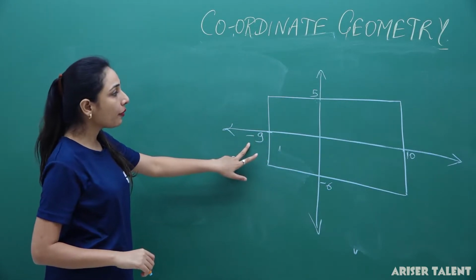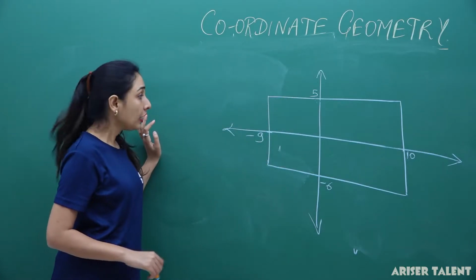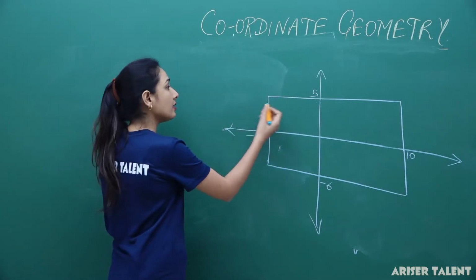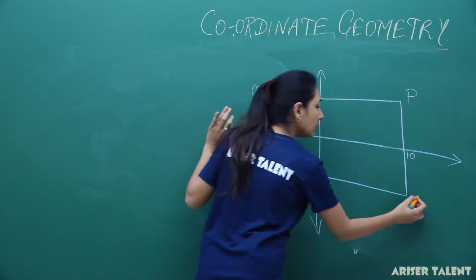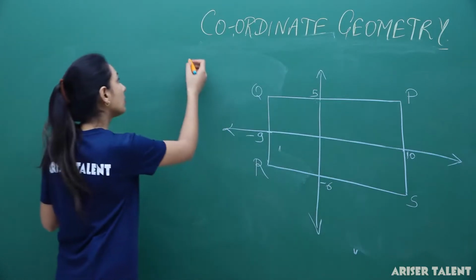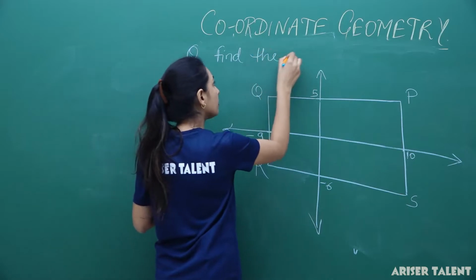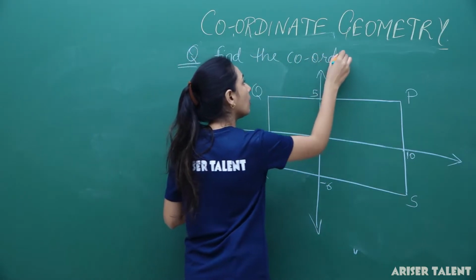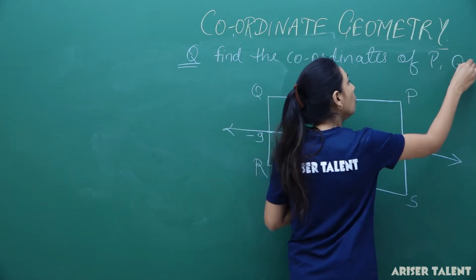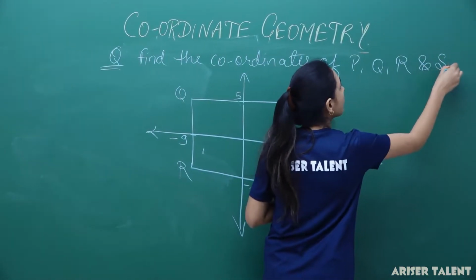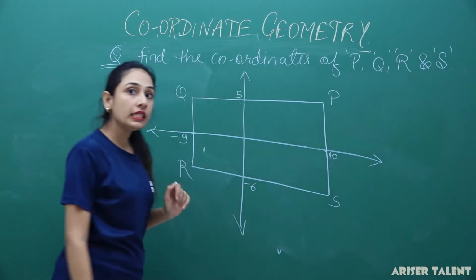So this is minus 9, this is 10, this is 5, and this is minus 6. Okay, now I have 4 points here: first P, then Q, then R, and then S. Now your question is, find the coordinates of P, Q, R and S.